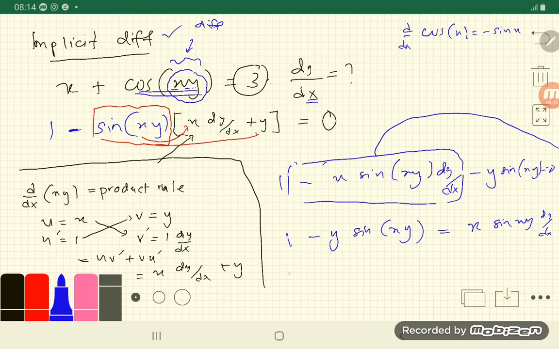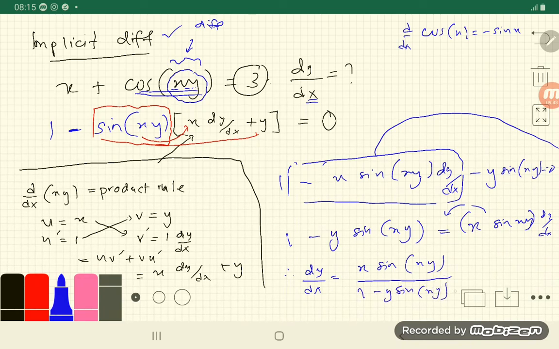This is actually a multiplication, so if you bring this part to the other side, it becomes a division. So therefore the value of dy over dx is equal to x sine xy over 1 minus y sine xy.